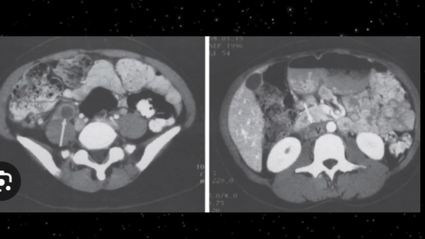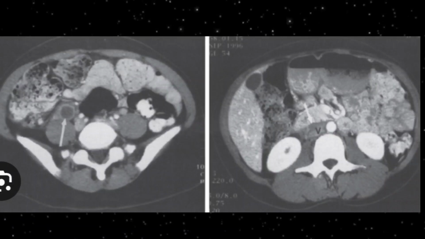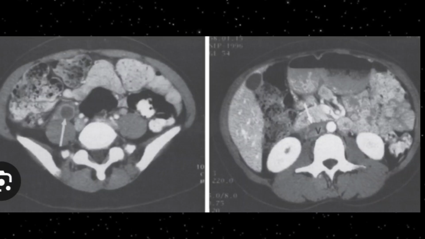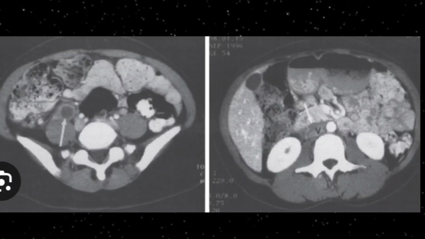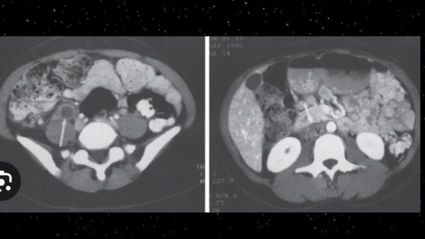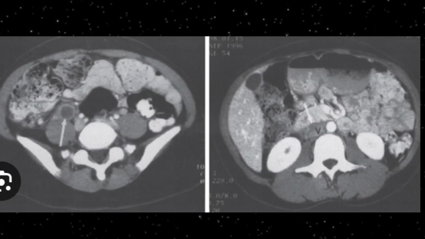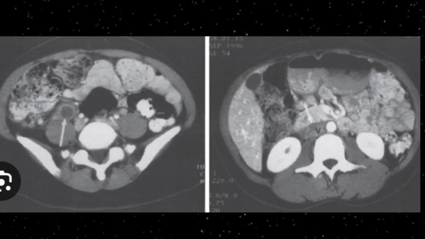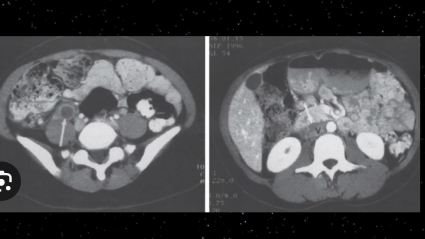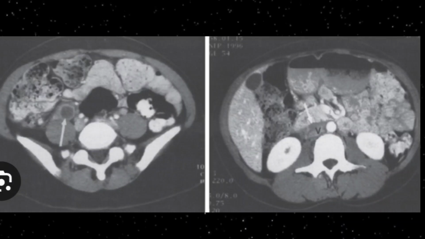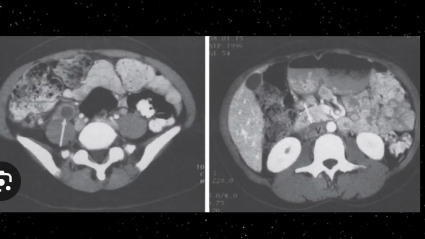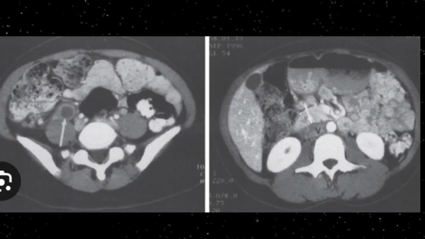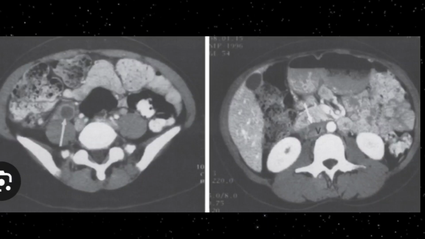The rest of the ovarian vein path would be contrast enhanced, but in case of thrombosis it will show the luminal defect, as you can appreciate. Beside this, the surrounding wall will be enhanced, and it will be easy to pick the ovarian vein thrombosis. So these two examples are also for your better understanding of how it will look on the CT images and how you will appreciate ovarian vein thrombosis.